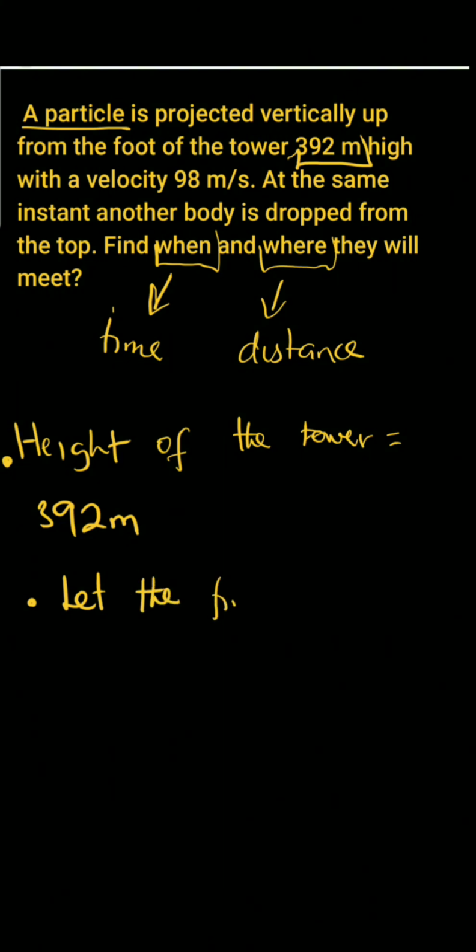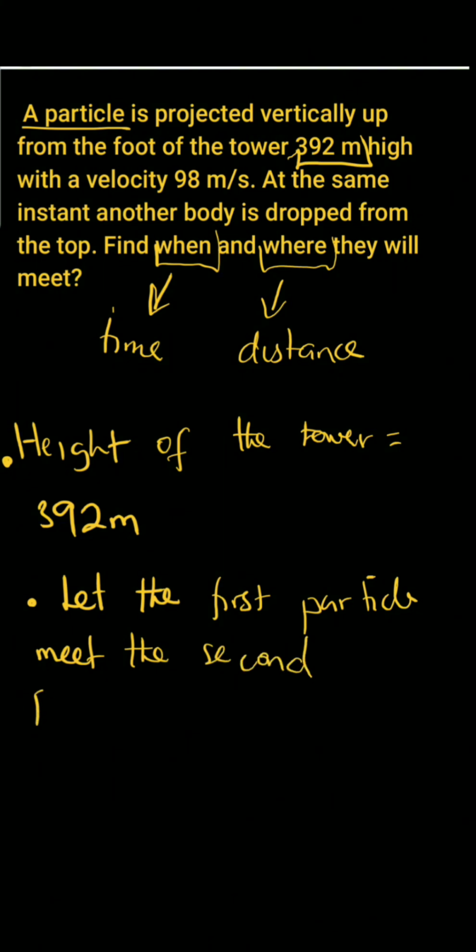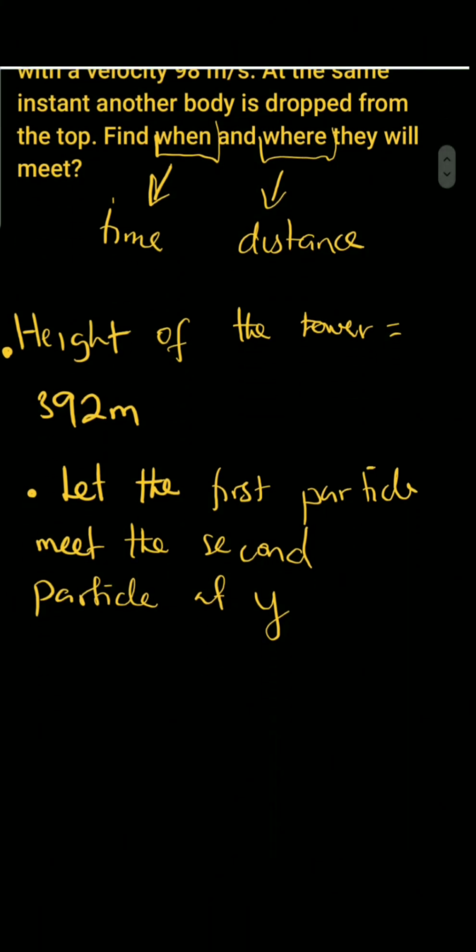The first particle is moving at a speed of 98 meters per second. We're letting the first particle meet the second one at y.